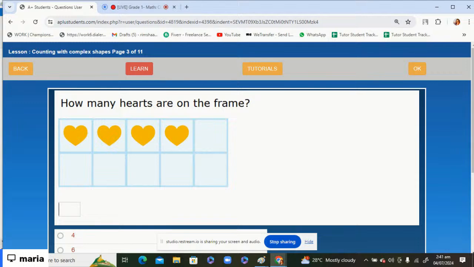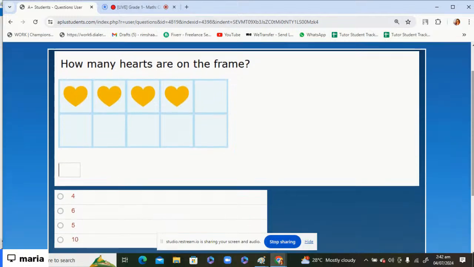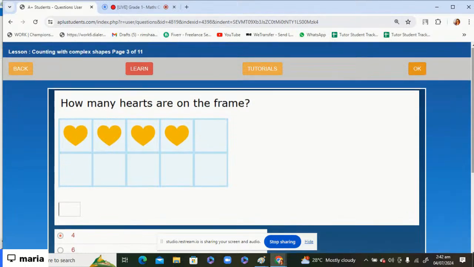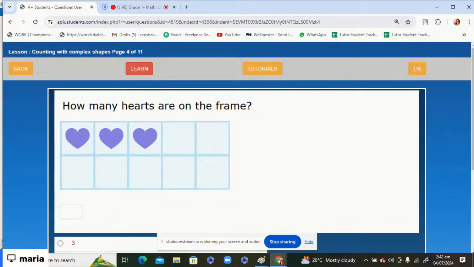This is so easy. Let's count together. 1, 2, 3, and 4. Total hearts are 4. So let's move with the 4. So here we're gonna click on the 4. Okay, so here is the right option.